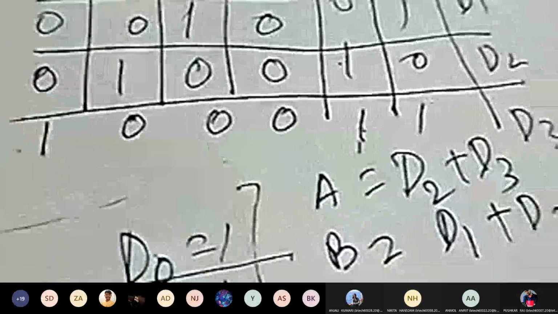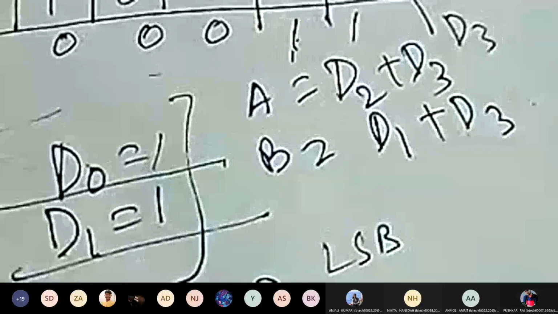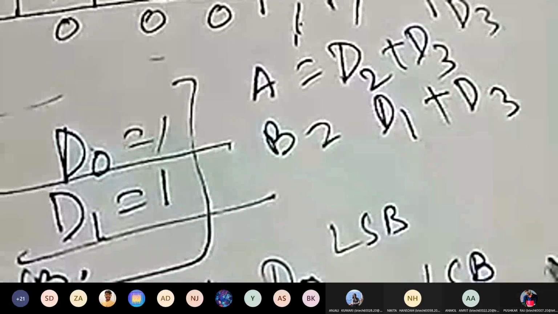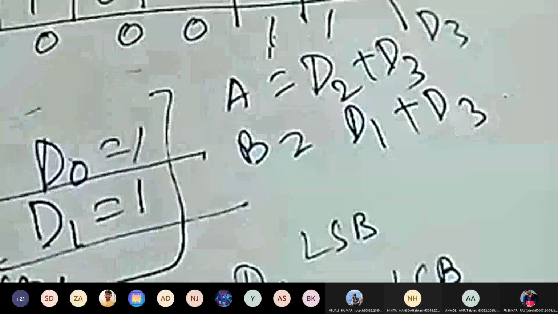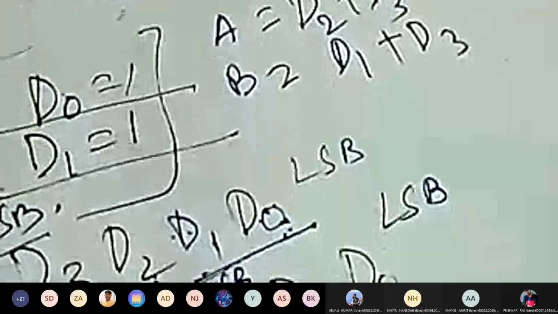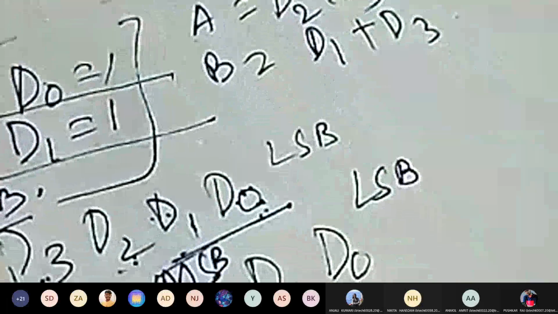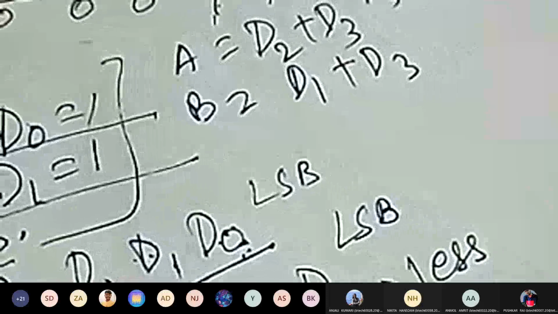Whom are we giving less priority to? The least significant bit. The rightmost part is your least and the left part is your most significant bit. So in this case, D1 will get the highest priority and D0 will have the lower priority.